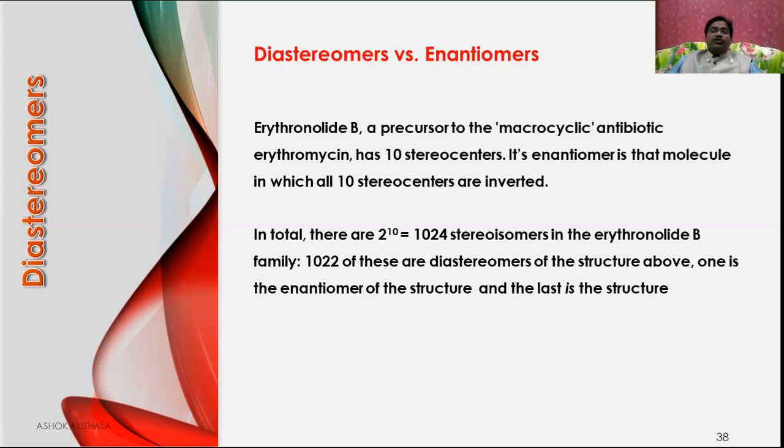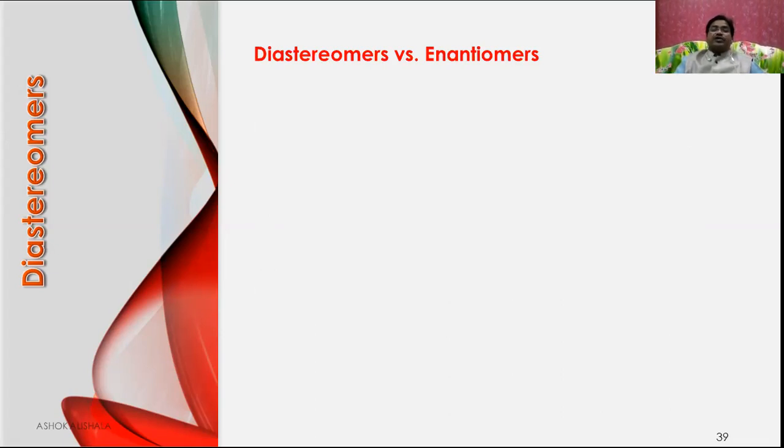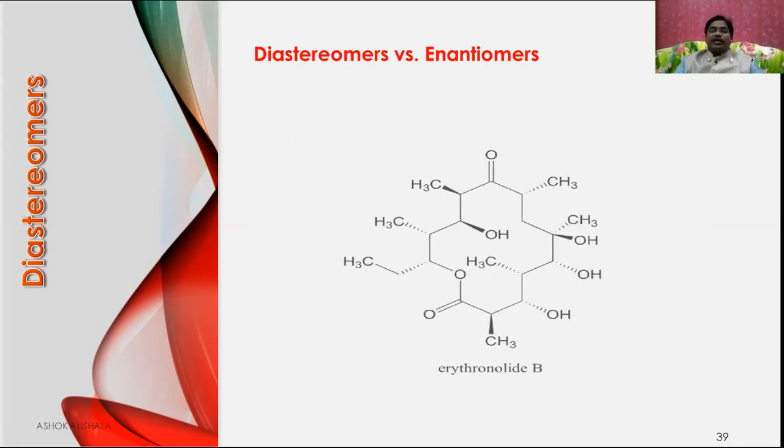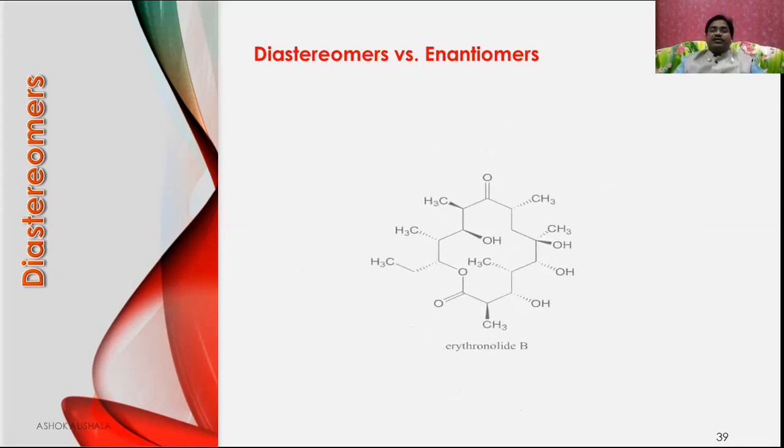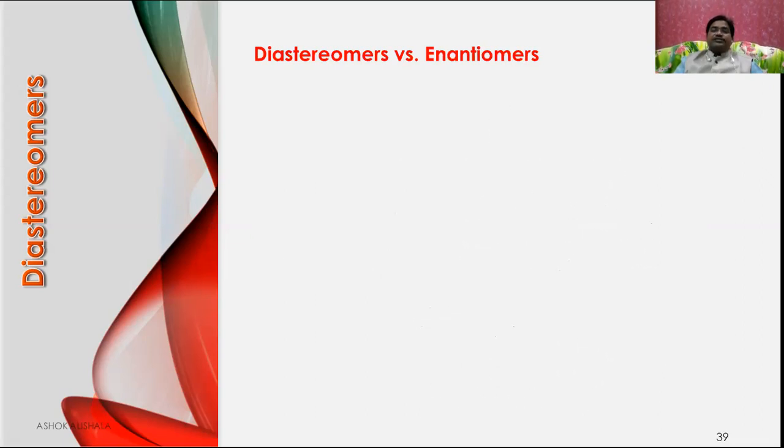One is the enantiomer of the structure, and the last is the structure itself. See its structure, the erythromycin precursor. It has 10 stereocenters.